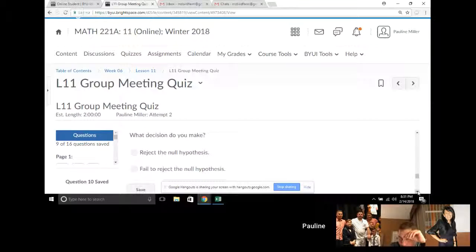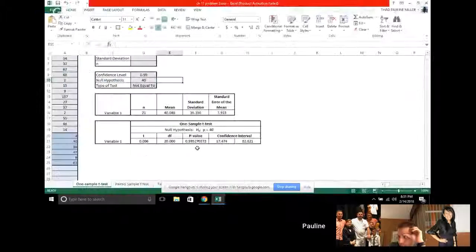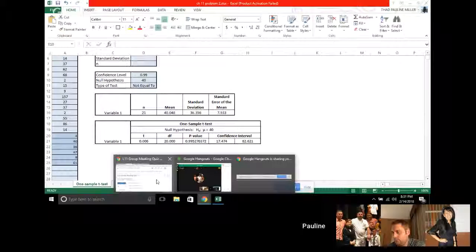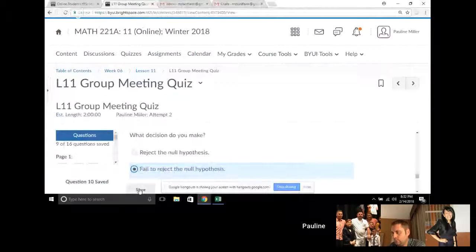So I just follow the two rules for the p-value. If it's less than alpha, then we reject the null hypothesis. But if it's greater than alpha, then we fail to reject the null hypothesis. So in this case, it's greater than alpha, correct? Yes, because it's 0.9.